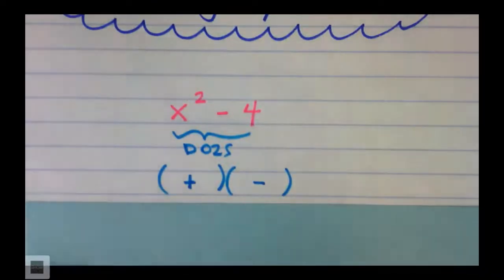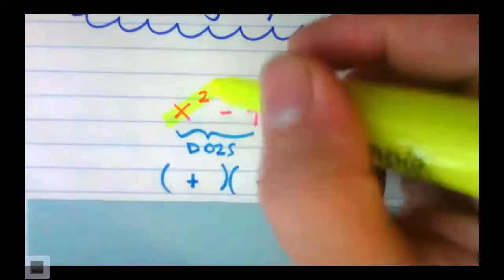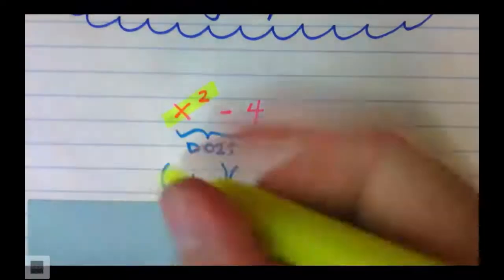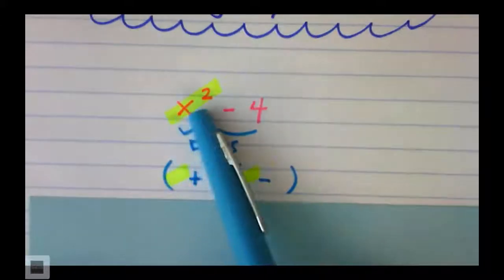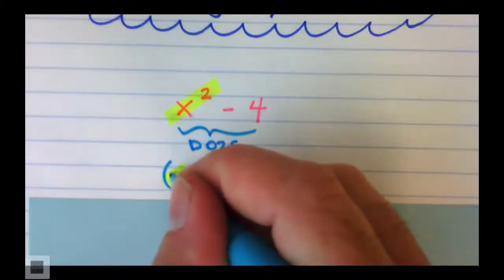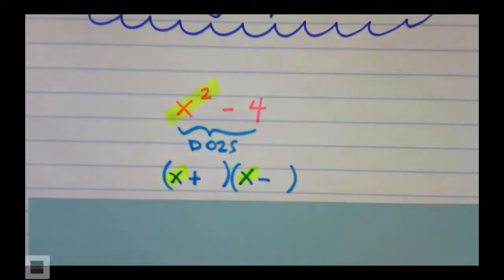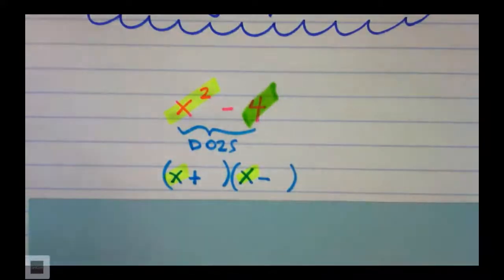Now, what I want to do is the very first part here that you have, this x squared, this first term, when you take the square root, it's going to go in the front. So I'm going to put that result here. Well, the square root of x squared is nothing more than x. So I put an x first. Then I turn around and look at the last number. In this case, it's a 4. Now, disregard the negative sign.